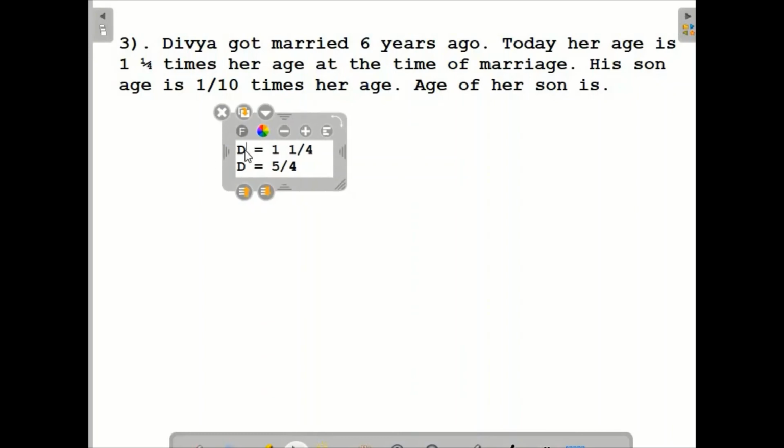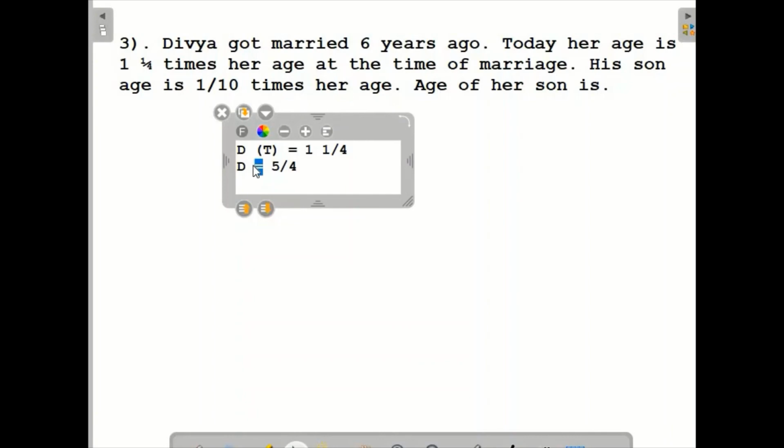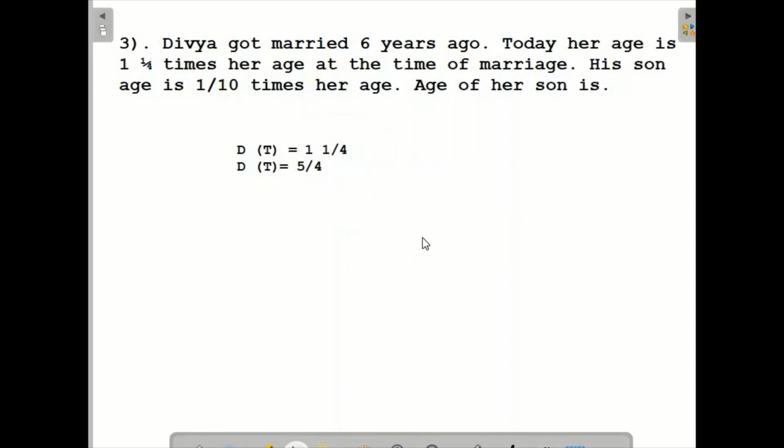At the time of marriage, Divya's age is 4 and now it is 5. So we have to calculate the ratio. So ratio of time of marriage to now is 4 is to 5.